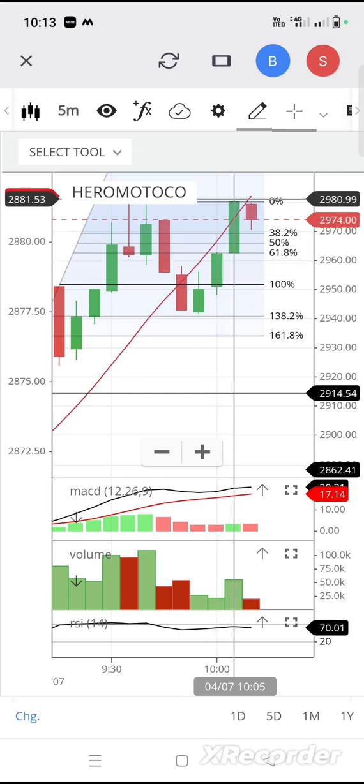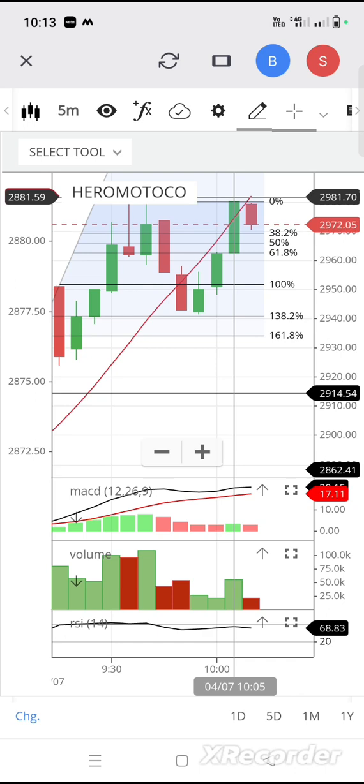So it is some kind of sideways and it is hitting two side stop loss. So it's better to avoid this kind of stocks while we check for gap up and gap down.